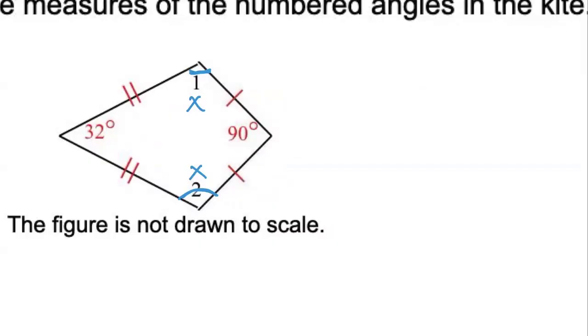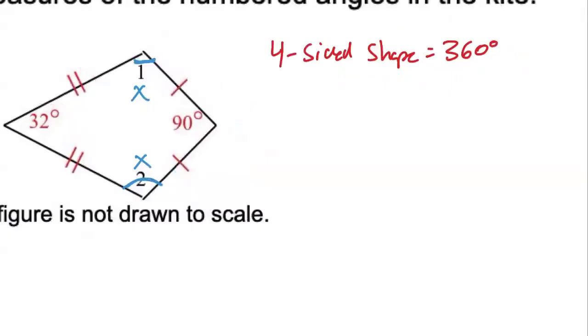Okay, so there are two things you could have done. One, for any four-sided shape, it is always going to be 360 degrees. It doesn't matter what kind of shape it is, it's always 360 for a four-sided figure. Now, if you don't remember that, a kite is an irregular polygon, meaning the angles are not all the same.